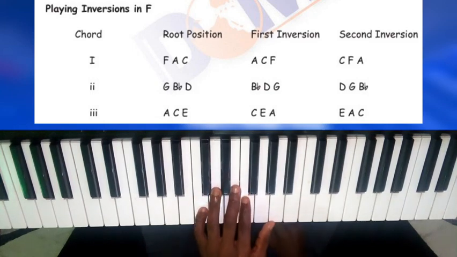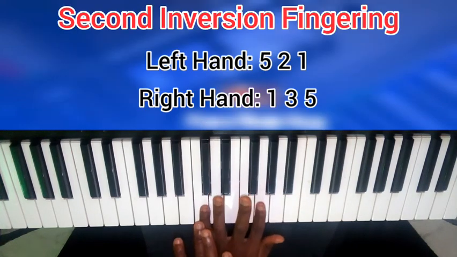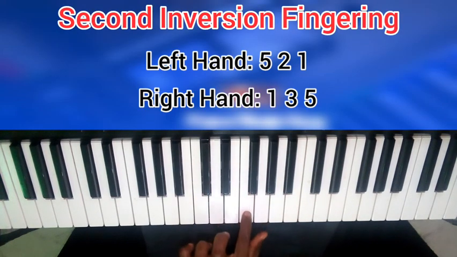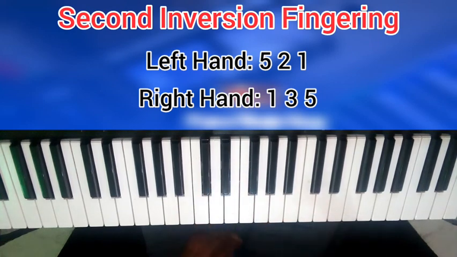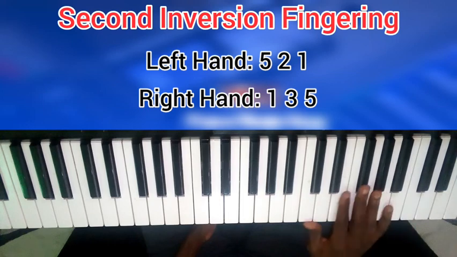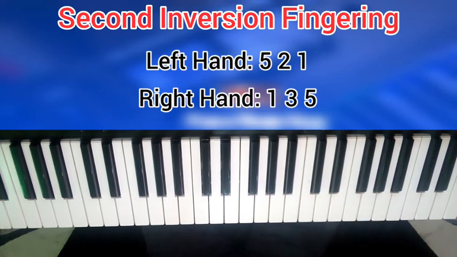So we have this. For the left hand, you have 5, 2 and 1. That is the fingering for your second inversion chord. Then for your right hand, you have 1 3 5. So that is the fingering for the right hand.